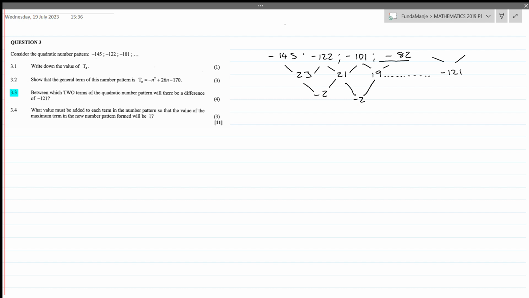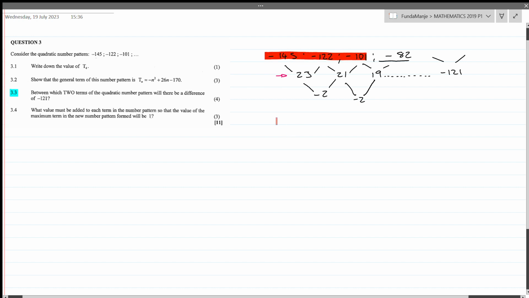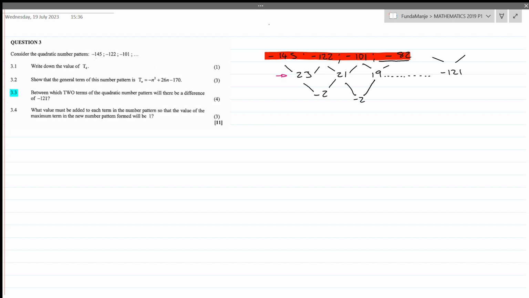Now, in order to solve this question, it requires us to understand that the first difference of a quadratic pattern forms in itself its own pattern, and this pattern that it forms is called an arithmetic pattern. This is because if we are to ignore this first line and simply look at it from the second line, this definitely is an arithmetic pattern because it has a constant difference.